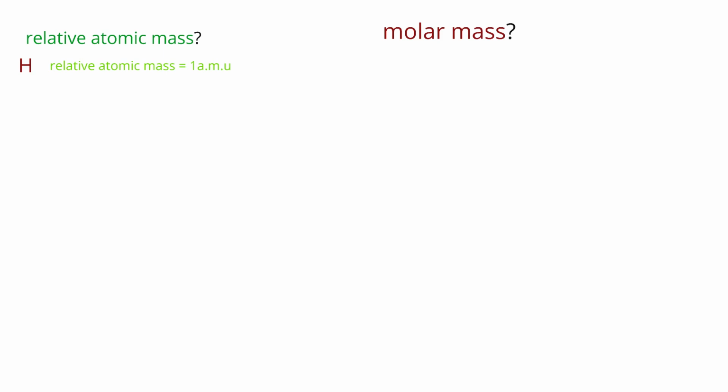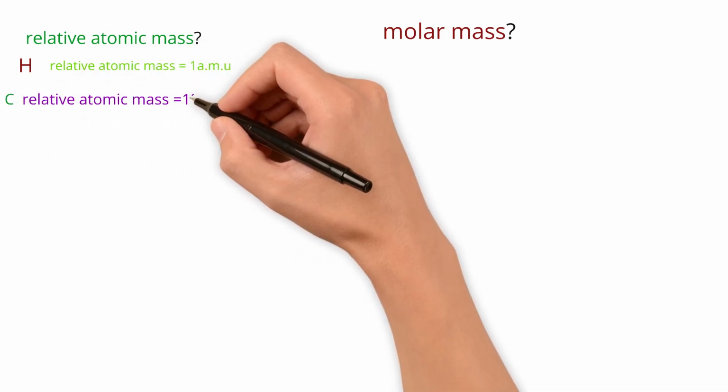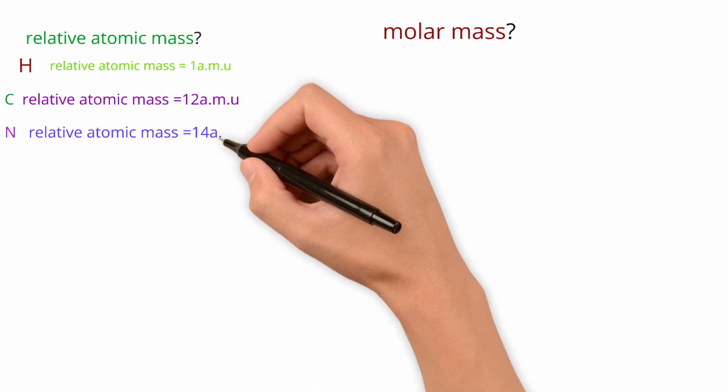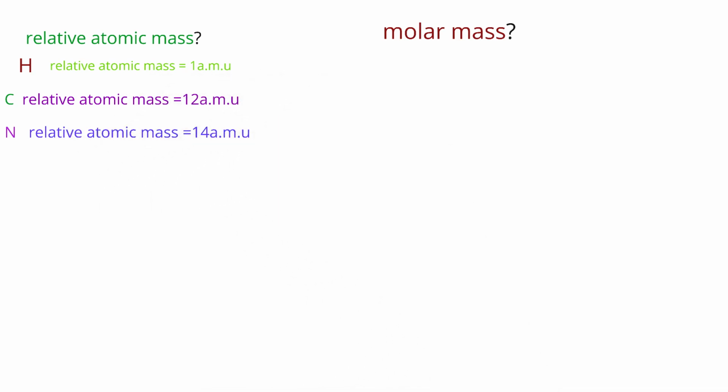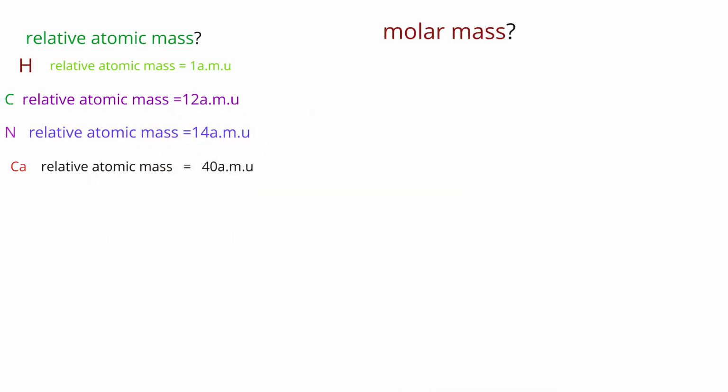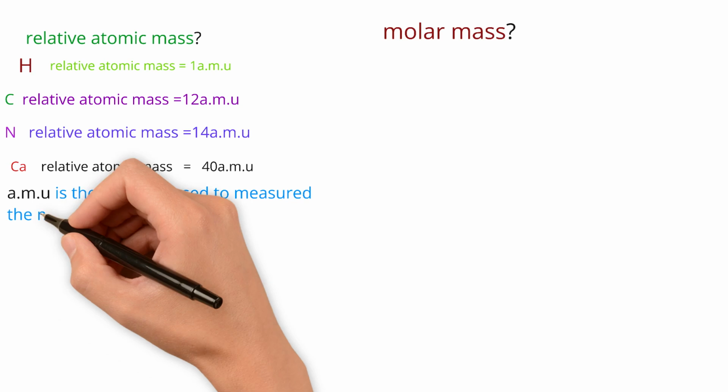The mass of 1 carbon atom is 12 atomic mass units. The mass of a single nitrogen atom is 14 atomic mass units. The mass of 1 calcium atom is 40 atomic mass units.